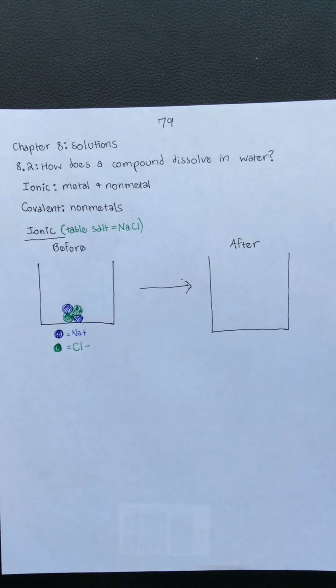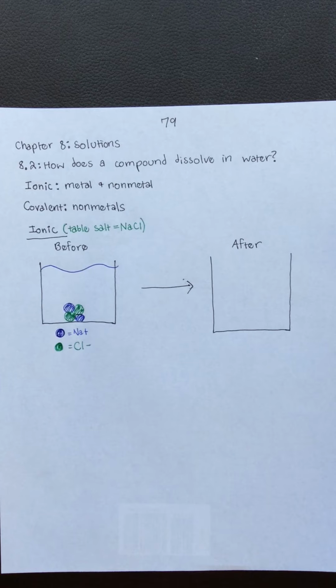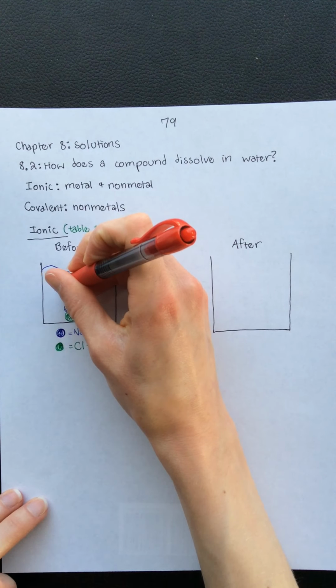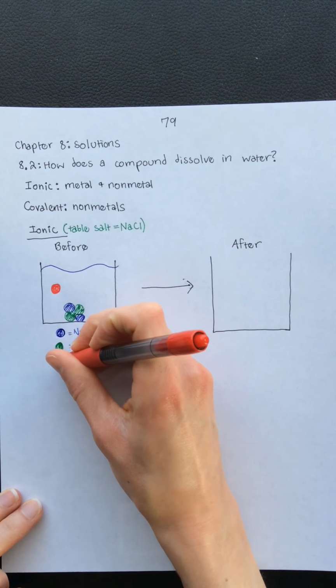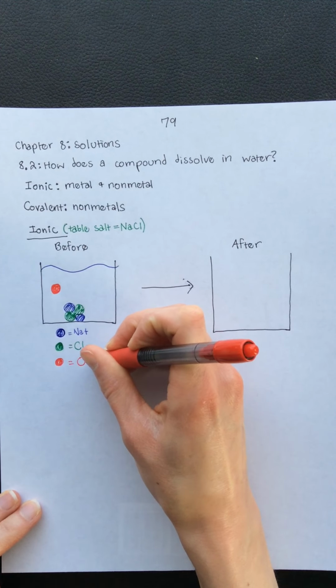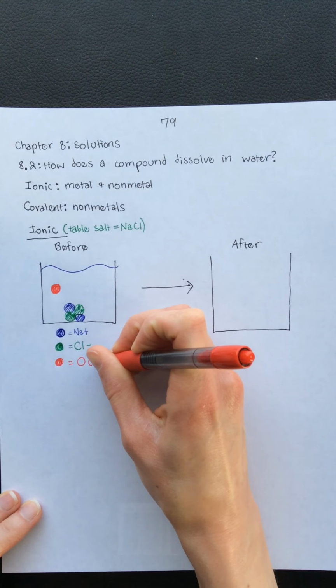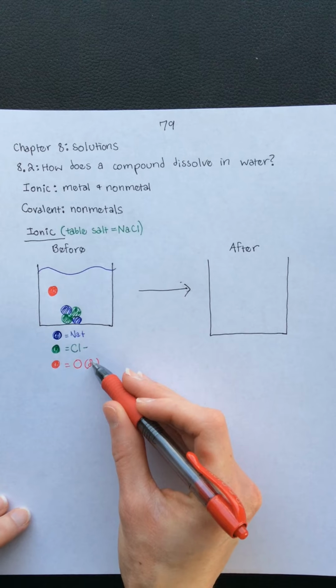Because this is a cup of water, we're also going to draw some water molecules. Our water molecule, we're just going to draw two of them, is going to look like this. This is going to be the oxygen. The O is oxygen, and oxygen has what we call a partial negative charge. We show that with a little delta symbol.